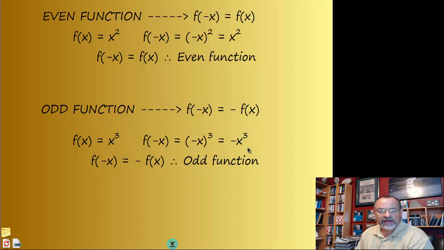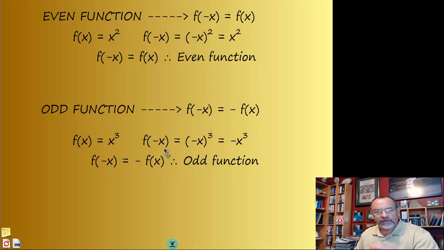So when I get the opposite of what I began with, then the function is considered to be odd, and that graphically is a reflection around the origin, meaning if you take the graph and you spin it 180 degrees around the origin, you'll have the exact same graph that you started with. That would be considered to be an odd function.